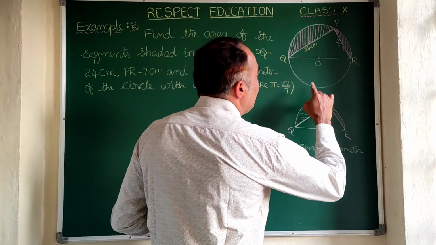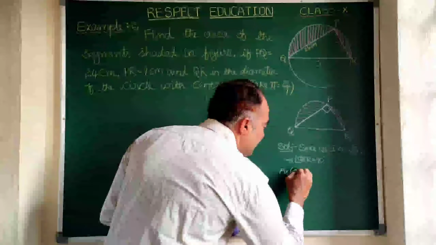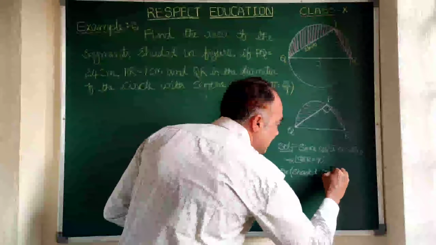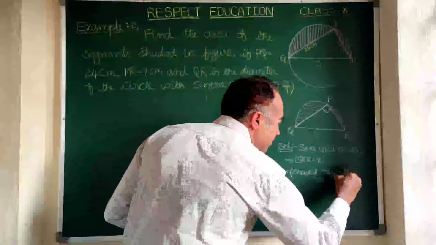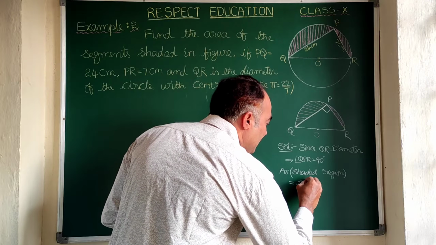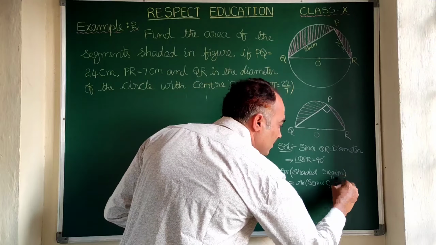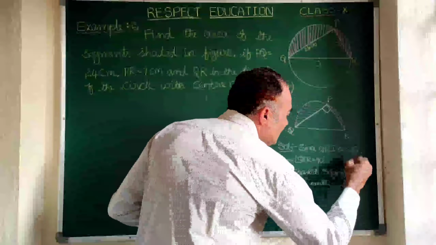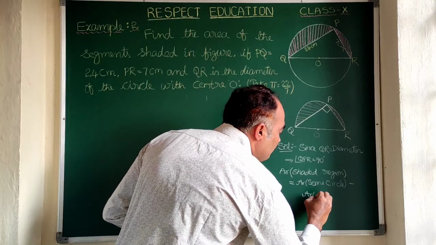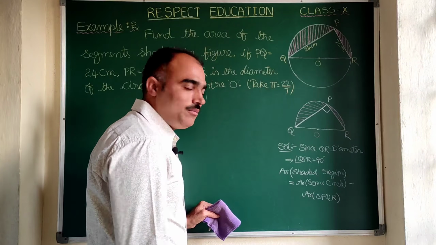Now the area of the shaded region, or shaded part or shaded portion, however you call it, is equal to the area of the semicircle minus the area of triangle PQR. Let us write the formulas.